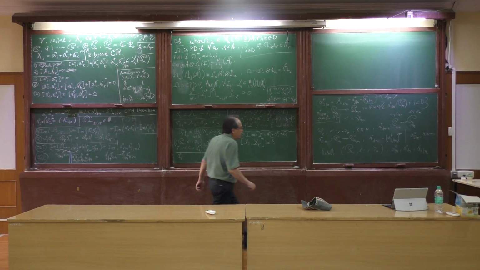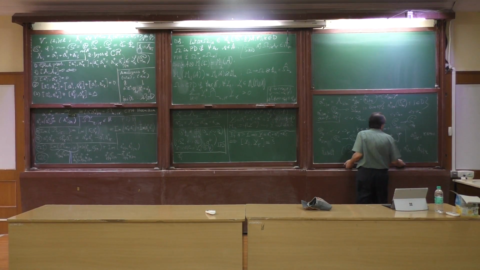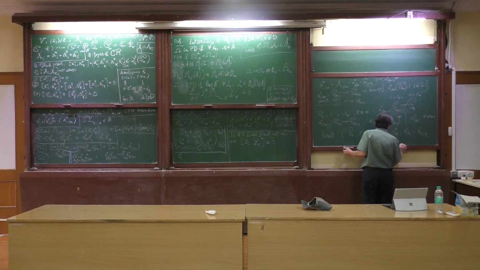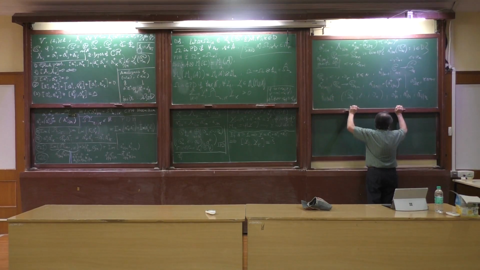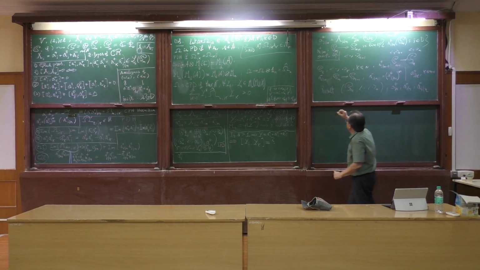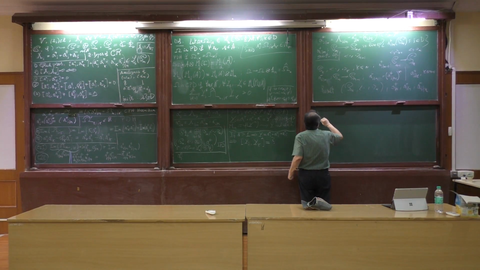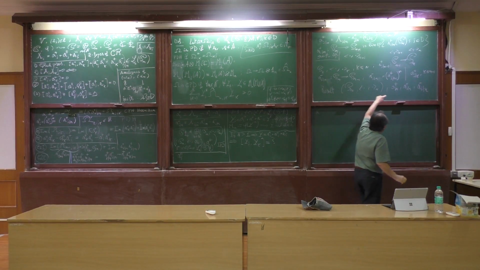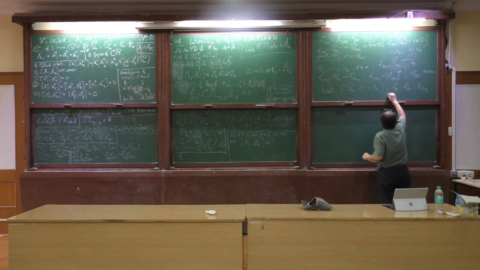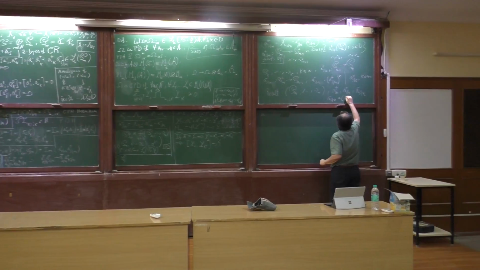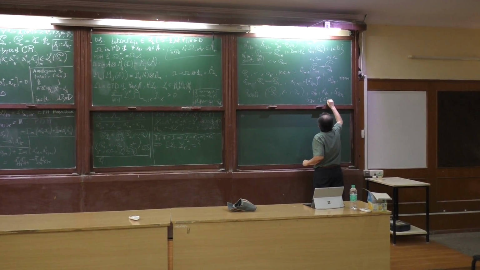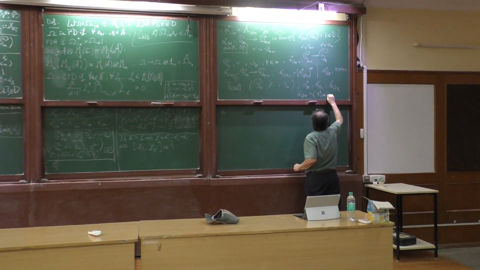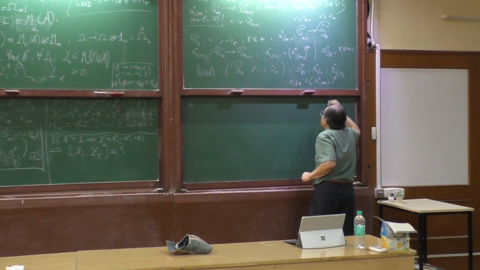Once we have this, we define, and notice that in this inductive construction, A minus j n is A plus j n minus 1 adjoint.